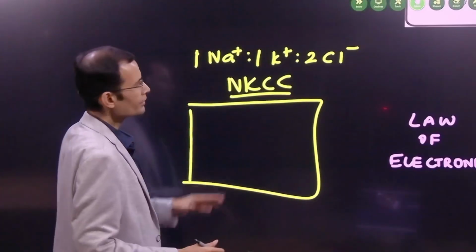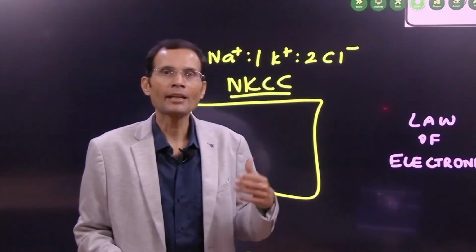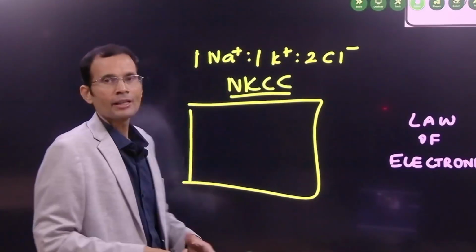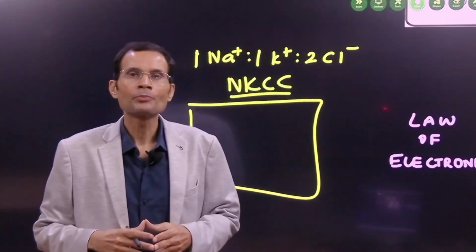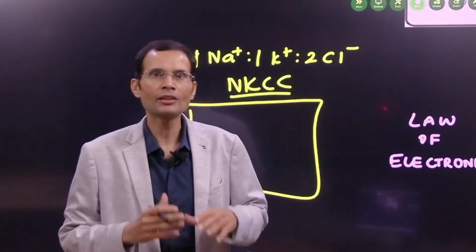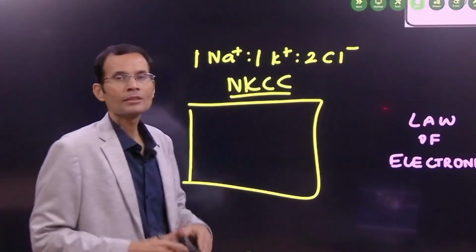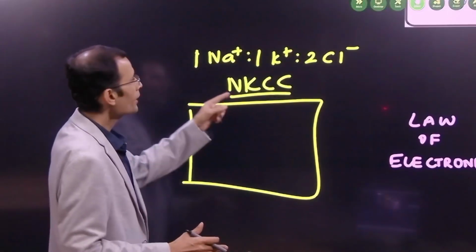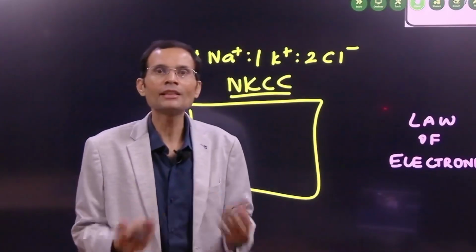Look, transporters, the transport proteins are carrying cations and anions. If a particular transport protein is not contributing any additional charge, electrical charge on the membrane, then it would be an electroneutral transporter. For example, NKCC transporter in the renal tubules.